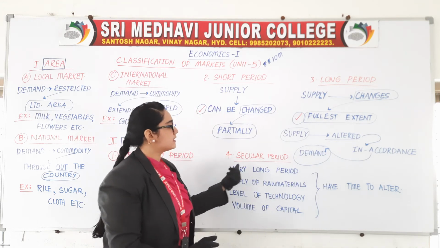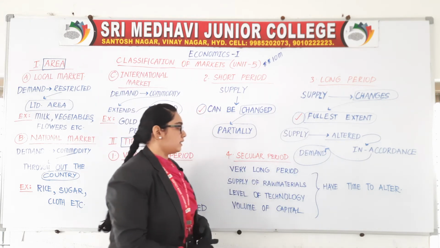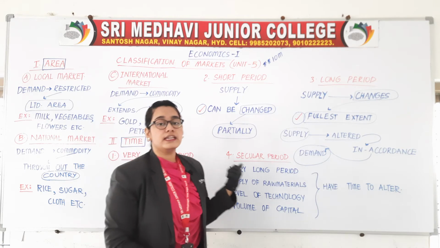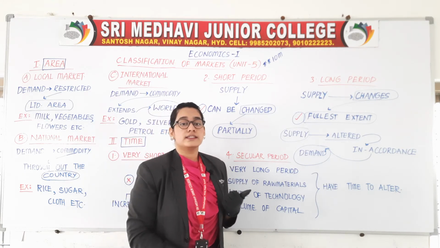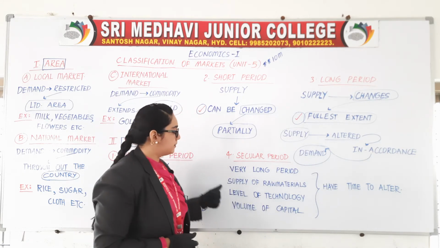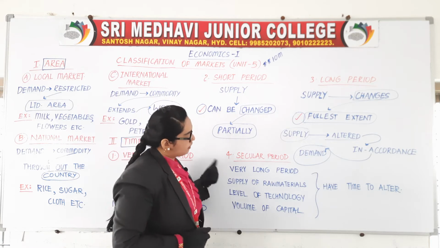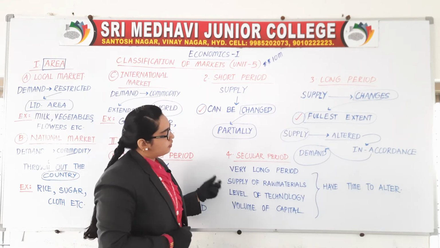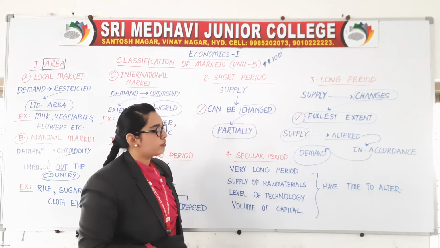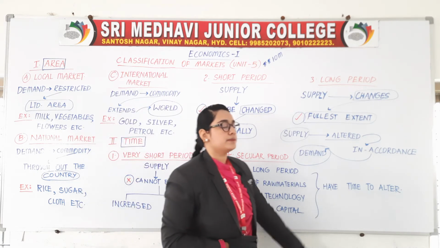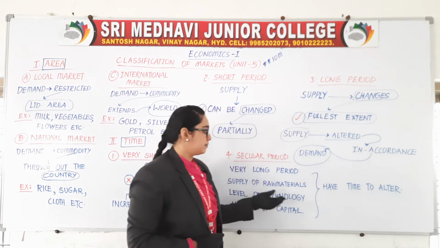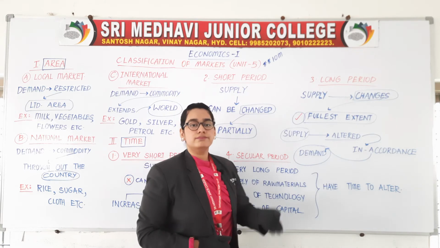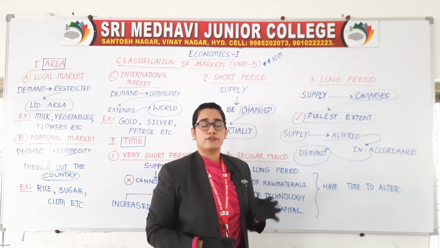Last and final is the secular period. It is a very long period where the supply of raw materials, level of technology, and volume of capital have time to alter. That means you can differ your supply of raw materials.